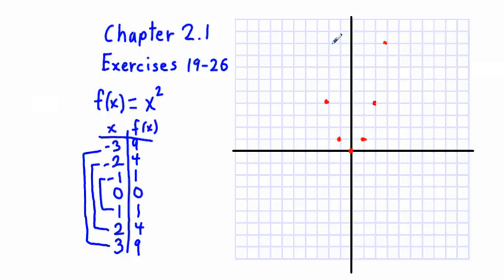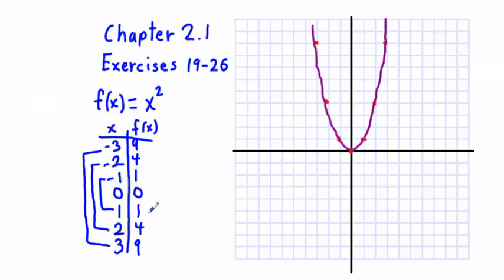And we have negative 3, 9. And so we can make a rough sketch here with these 7 points. And that's going to be very rough. But anyway, that's what the basic thing looks like.